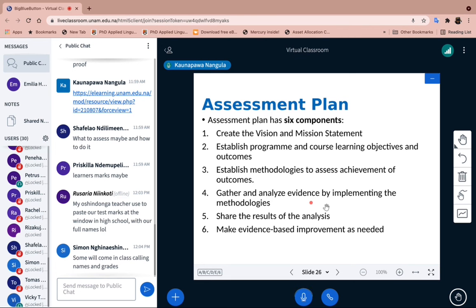So you got the information on the learning progress of your learners, then use that information for a specific purpose. That could be either for improving your teaching methodologies, it could be for making decisions, it could also be for improvement of the program, or subject to be more specific, or just how the school system is run, all right?